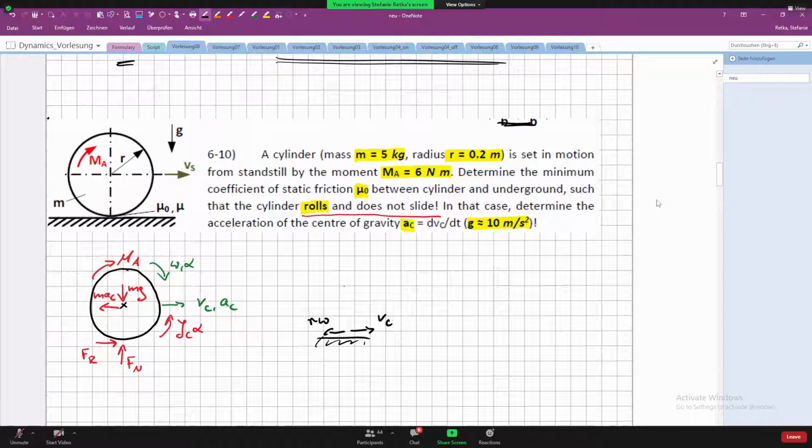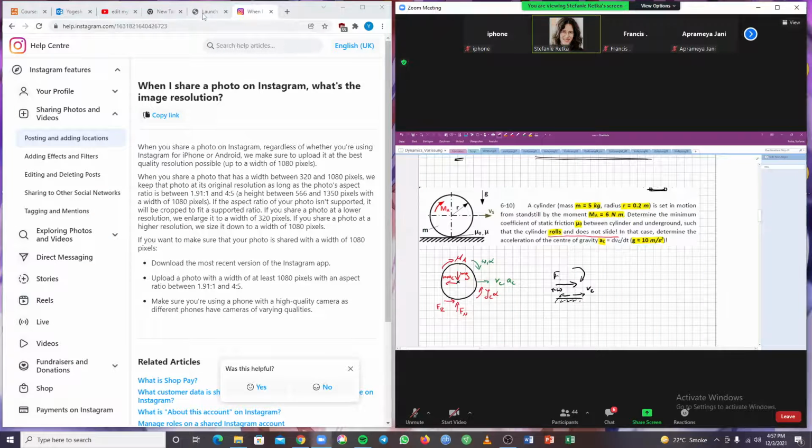But of course, if Ma increases, which is our driving moment, the load causing the motion, then the cylinder would start to slide, by rotating faster than it translates. And that's why our force of friction has to point opposite to the rotational motion.